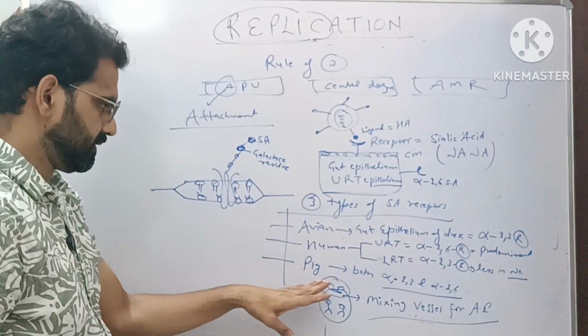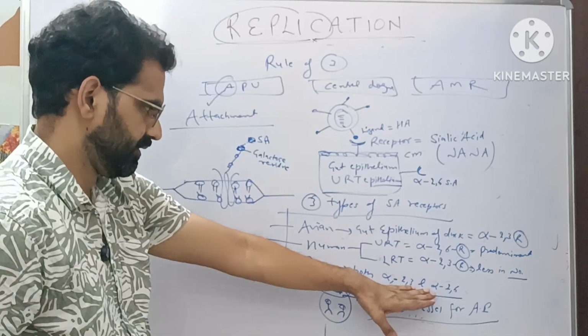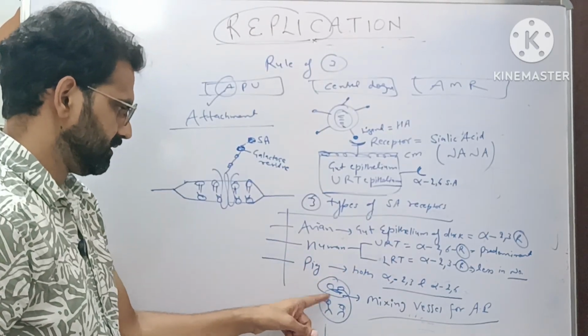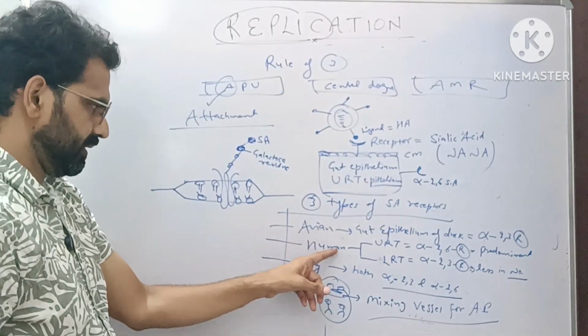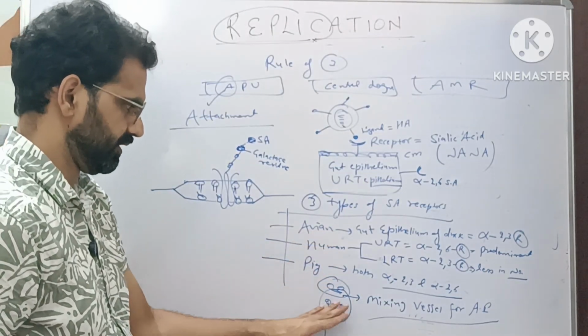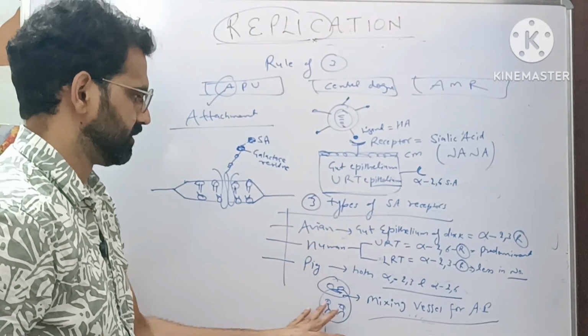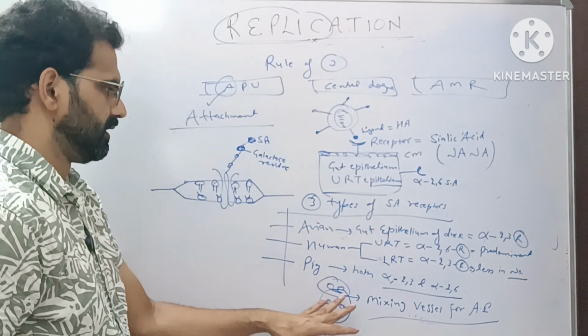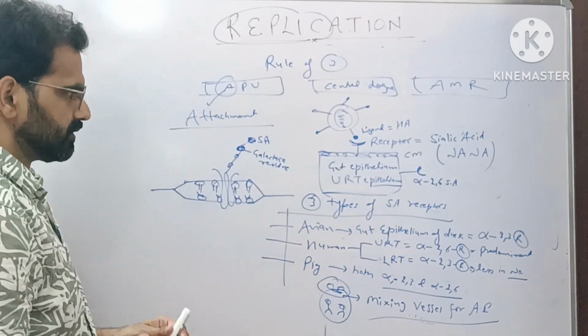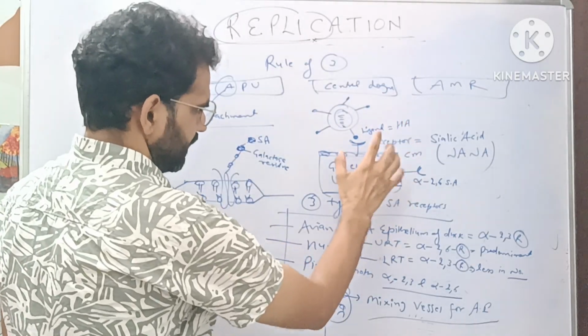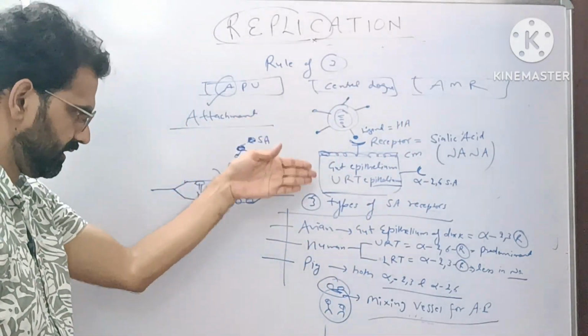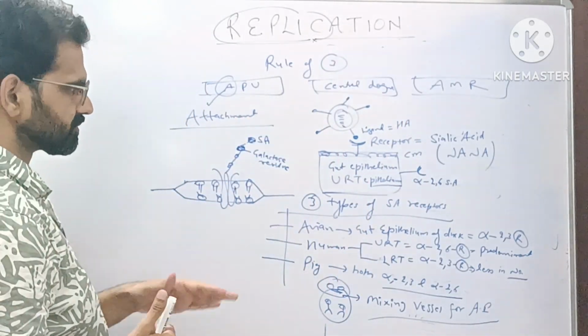Pigs are the species which contain both types of receptor. So they are known as mixing vessels for the avian influenza. They mix these types of receptors and are responsible for recombination of a new variant. So this was all about the different types of sialic acid receptors in different species.